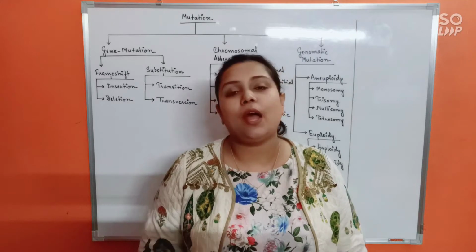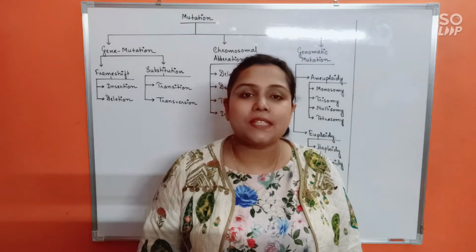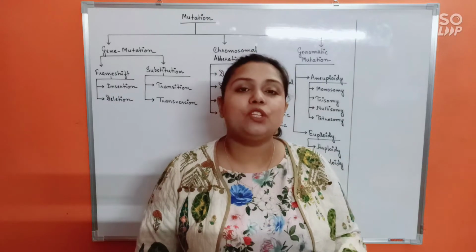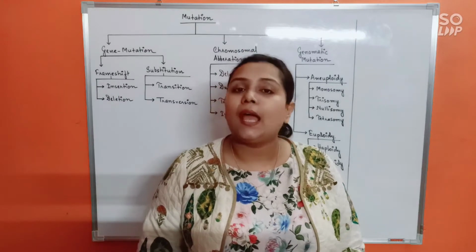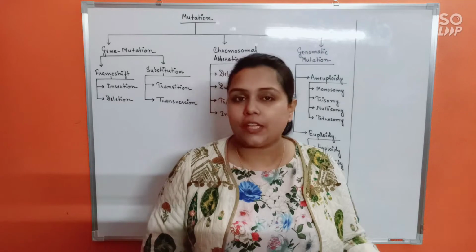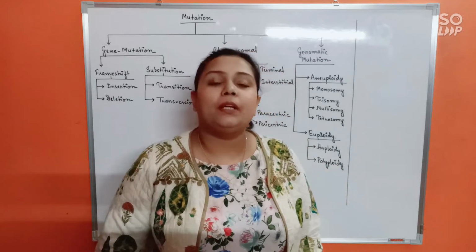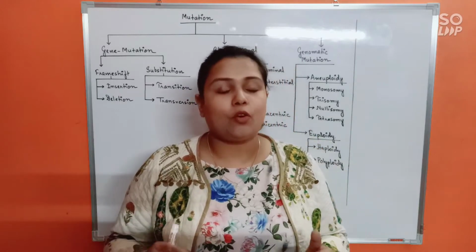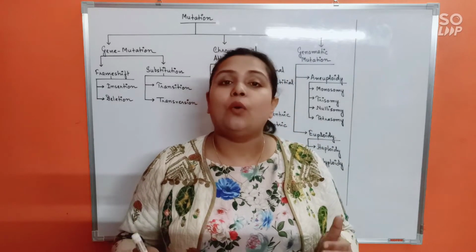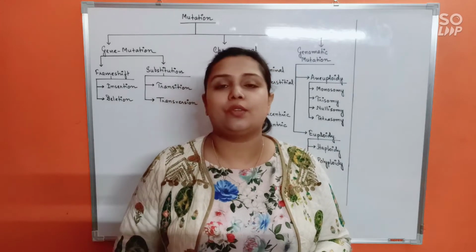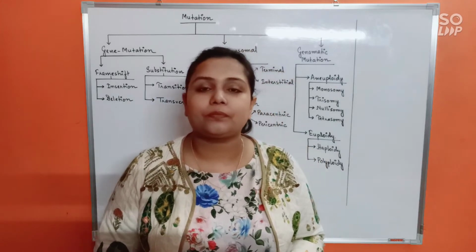Likewise, it can also happen with the help of certain substances known as mutagens, which can induce mutations. They can be some harmful radiation or some kind of harmful chemical, etc. But no matter what brings it about, whenever a sudden change happens in the genotype of an organism, we call it mutation.